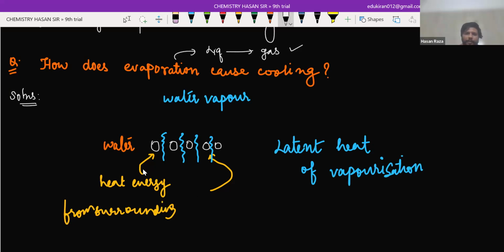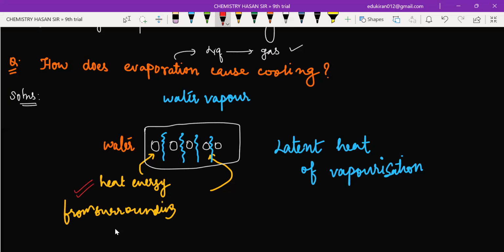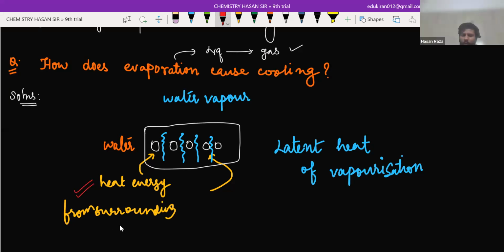Now see what will happen when it absorbs heat from the surrounding. Heat is lost from the surrounding. Yes or no? Yes, sir. Which causes cooling to the surrounding. Are you getting my point? Yes, sir. So this is the concept behind how evaporation causes cooling.